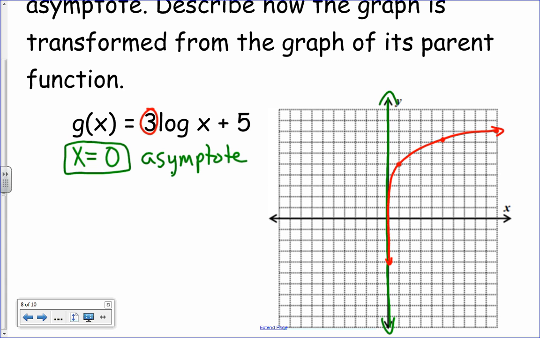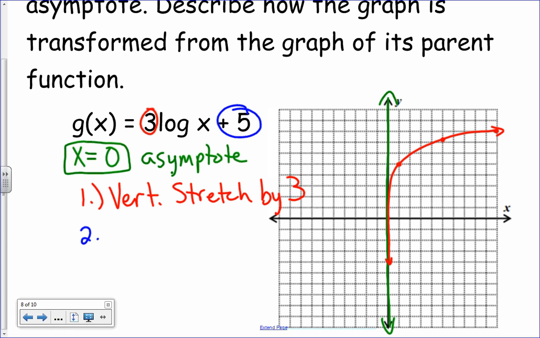So the other items it wants are the transformations. Well, that 3 out in the front, again, just like the one before, it's multiplied. It's in the front. It's a whole number. That makes it a vertical stretch by 3. A plus 5 in the back. Added at the end.